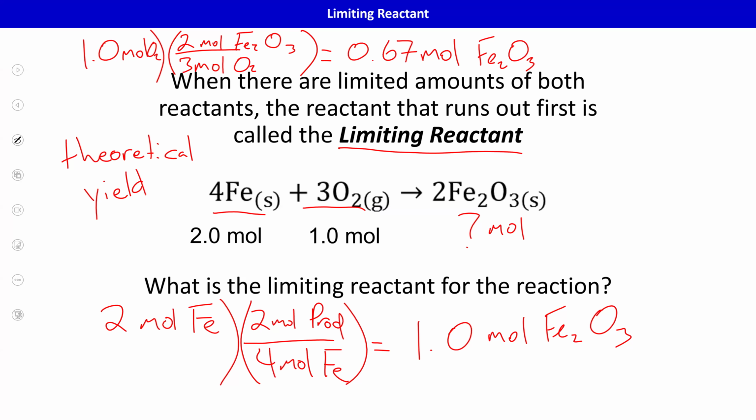So our theoretical yield is going to be 0.67 moles of product. If everything goes just right, then that's the amount of product we can make. You can't make 1 mole of product, no matter how well we do the reaction, because we don't have enough ingredients.